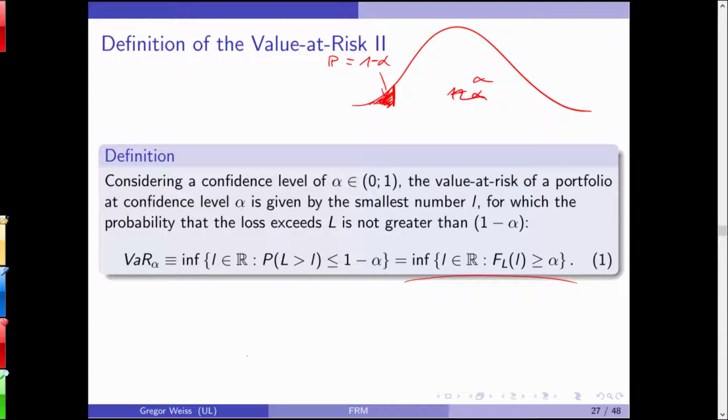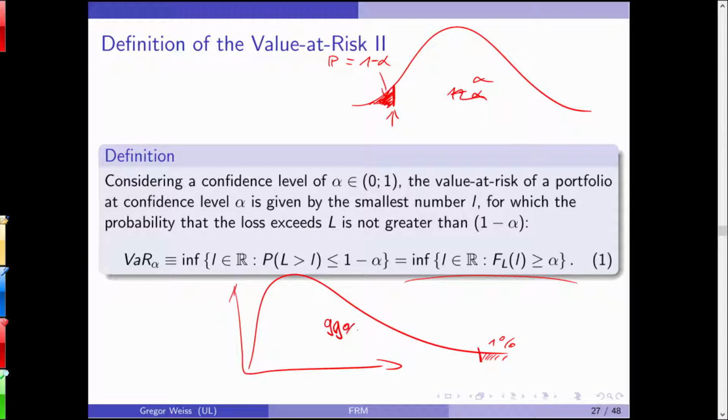Okay. Now, it suffices to say again, depending on whether you have a loss or a profit and loss distribution, you might be interested in this value at risk. If you have a loss distribution, you will probably take this VaR. So you have 1% here, 99% here.